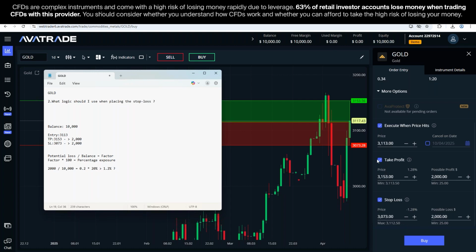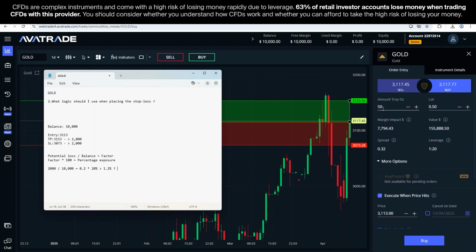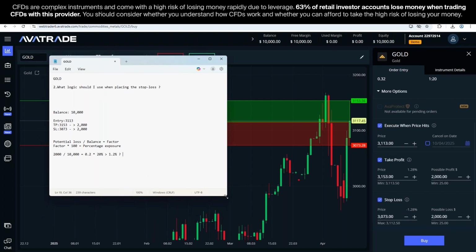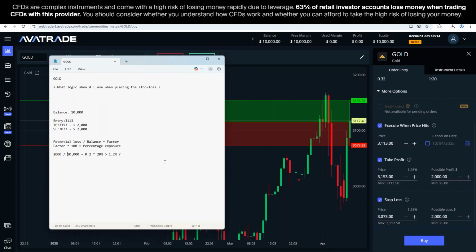Well, logically, since we're looking at $40 away, and we are with 50, it leads us to 2,000. From that, we understand that the amount of units we've got times the price difference gives us the possible loss or profit, which is similar to the calculation that the platform does here.